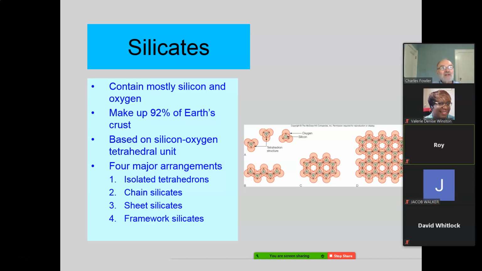Now we'll see in a later part of this chapter one of the chain silicates, and that's a fairly well-known material, asbestos. That is a sample of a chain silicate, and that's what people fear.